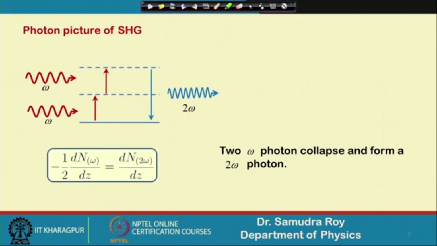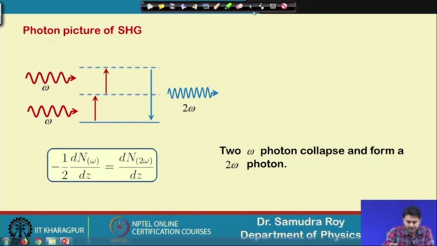When they collapse, there is a change of photon number, and since two photons are changing, if I take half of that, then we get the number of photons generated because of the collapse of two photons, dn 2 omega/dz. So, in terms of photon numbers, this is the Manley-Rowe relation.